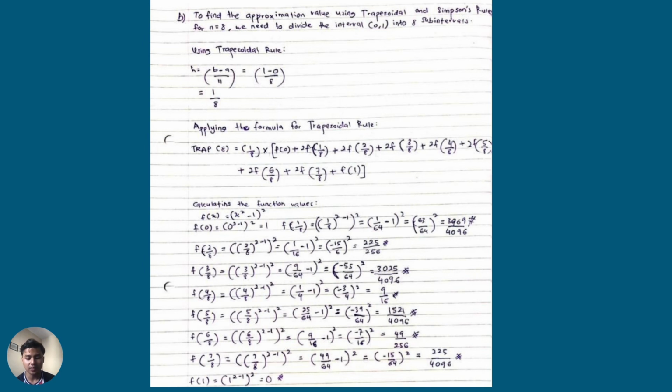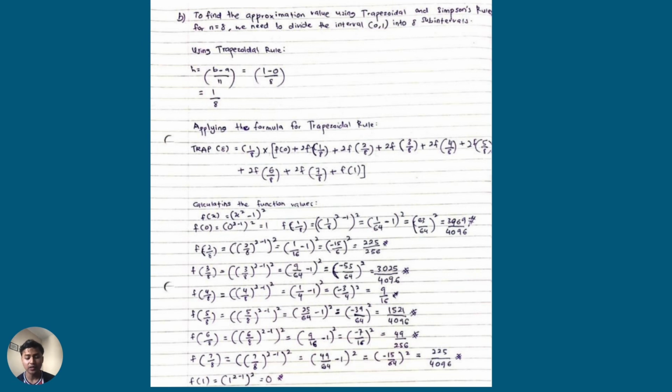And repeat the same things. 6/8 with f, and we can get (9/16 - 1)^2 and then equal (-7/16)^2 and equal with 49/256.